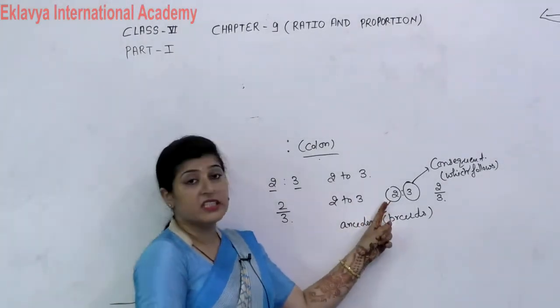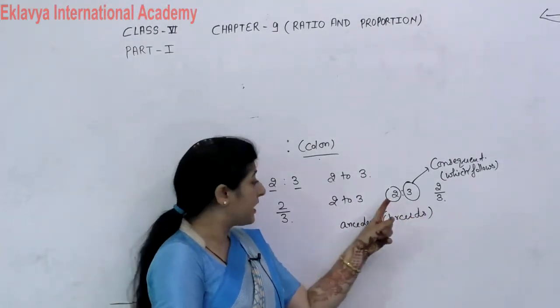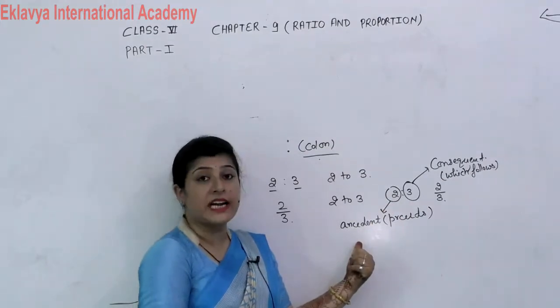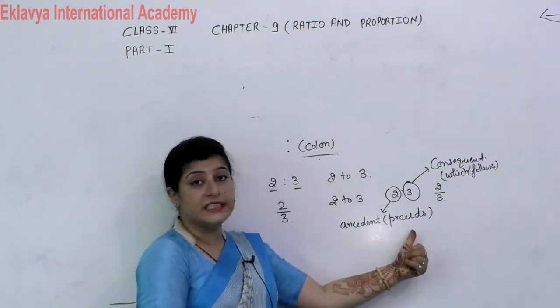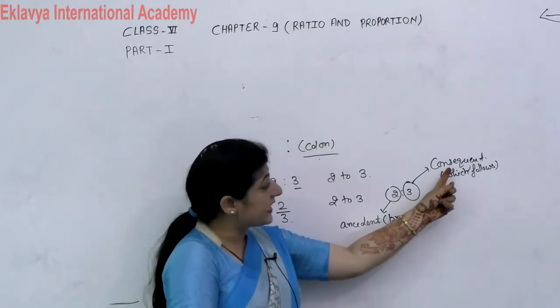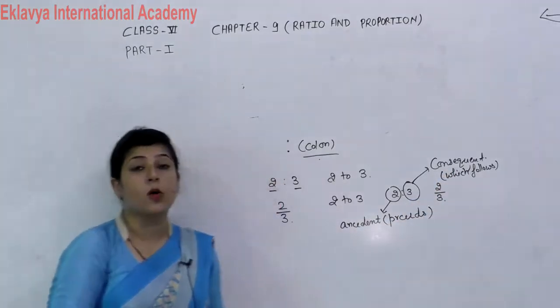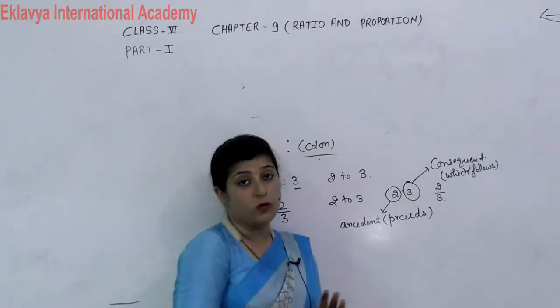The first term is the antecedent which precedes, and the second term is the consequent which follows.